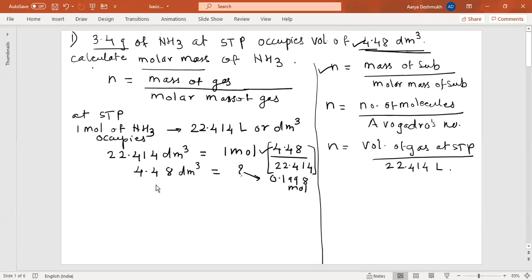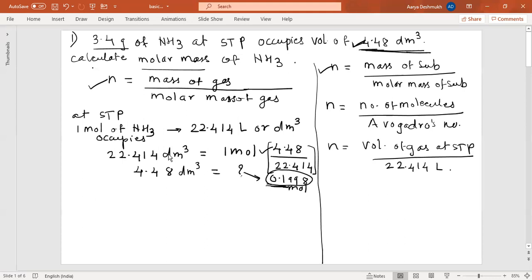We just cross multiplied: 4.48 into 1 divided by 22.414, so it comes out to be 0.1998, approximately 0.2. Now we have this equation in front of us, N equals mass of gas divided by molar mass of gas. From this volume, we just calculated the number of moles.